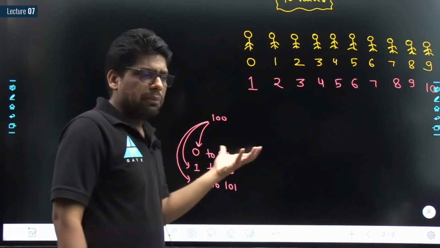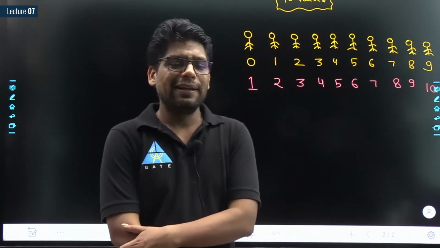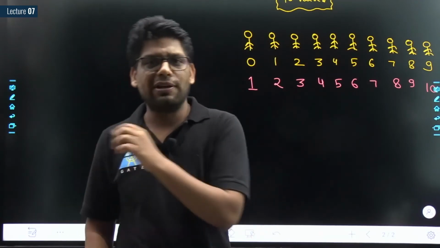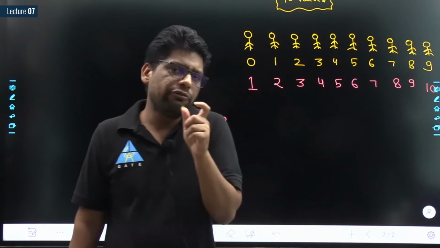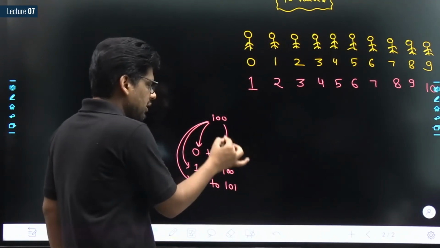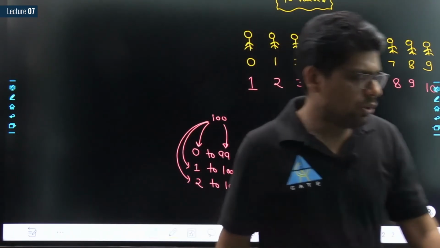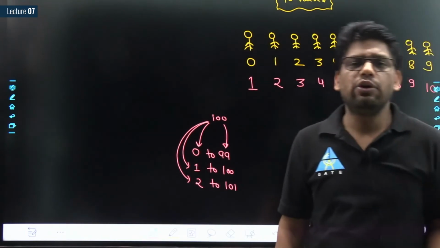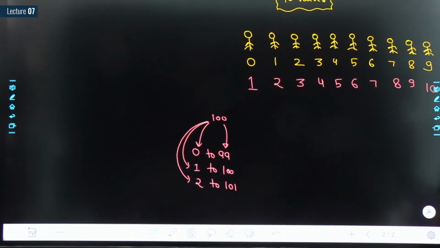If you have 100 numbers, and 0 is assigned to the first number, or you are starting the counting from 0, then the last one is 1 less than the total possibilities. Try to understand, take your time and try to understand what I am trying to convey.